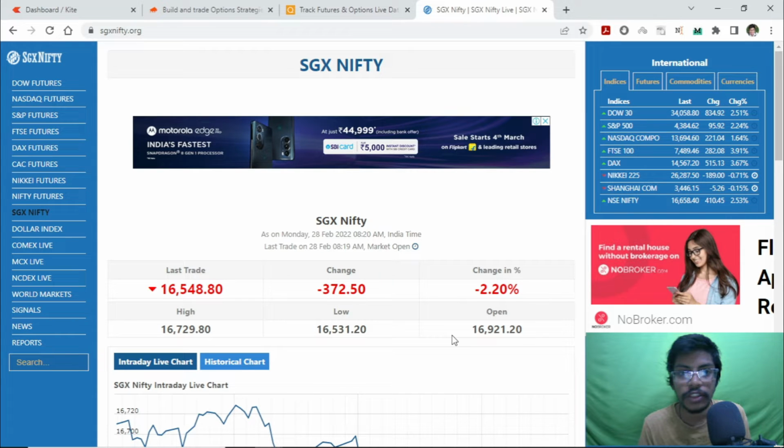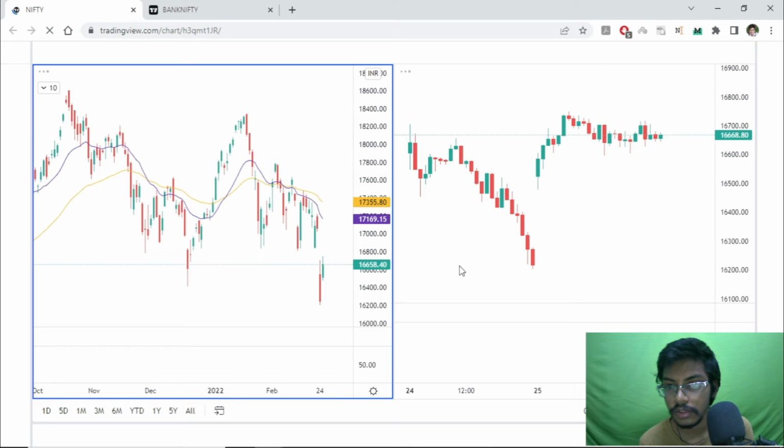Okay, so these are the Nifty charts. On the right it's the 15 minutes time frame and on the left it's the 1-day time frame.